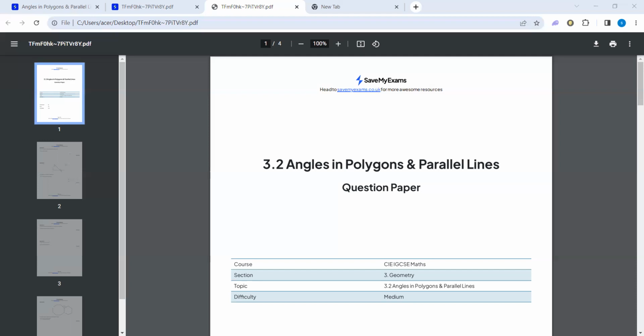A regular shape is something that is constant, right? It doesn't change. So 2 points that we know about regular shapes are that all the sides are equal, and all the angles are equal.